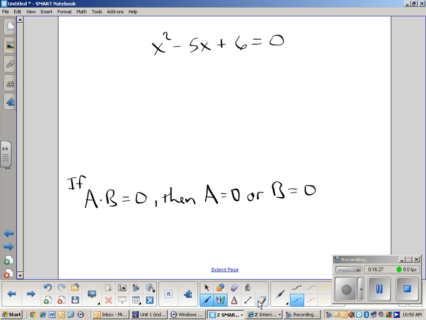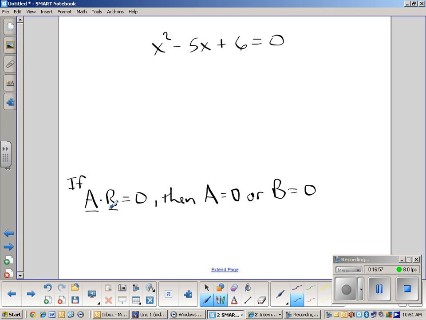Well, this is not responding very well today. I have to write slower than it keeps up with me. Okay? That's a rule you learned a long time ago, at least in algebra, if not before. So if you know 5 times something equals 0, then that something has to be what? 0. Right?